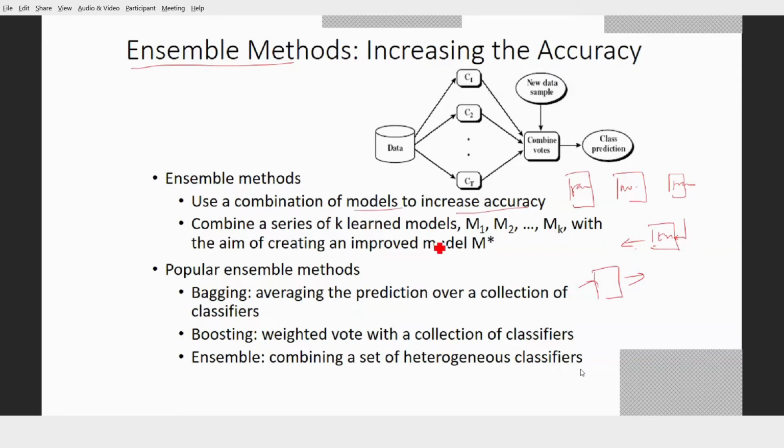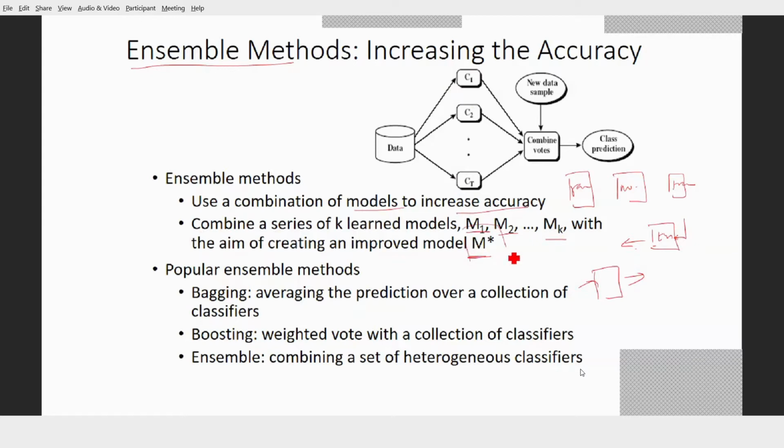We visit different doctors and take their opinion on this particular problem. We use a combination or a set of doctors for increasing the accuracy. Now, this combines a series of k learned models, M1, M2 up to Mk, with the aim of creating an improved model, M star.